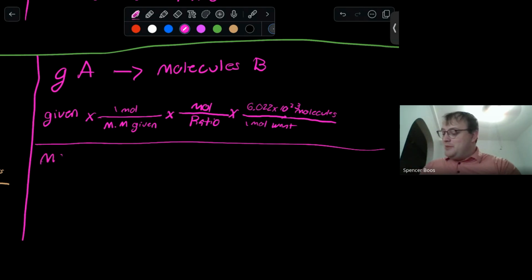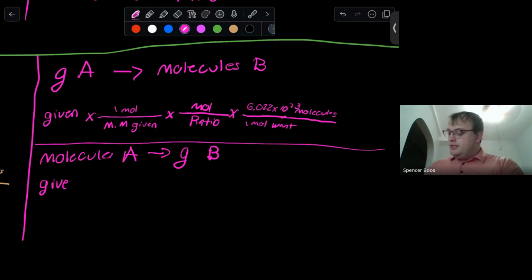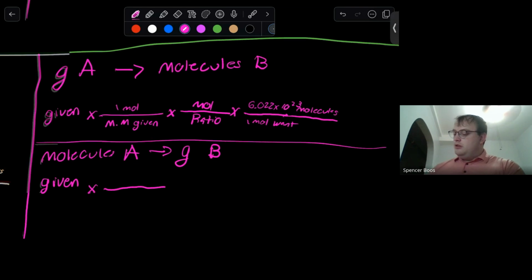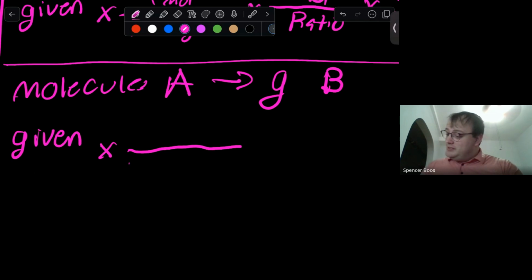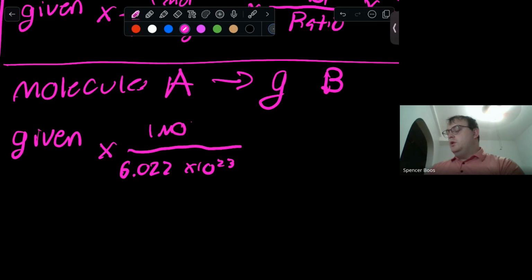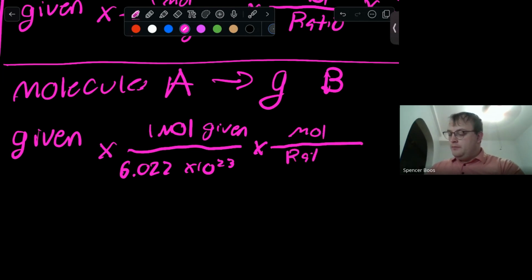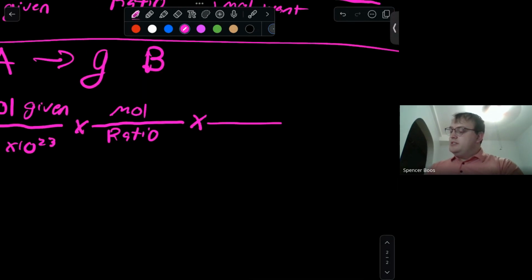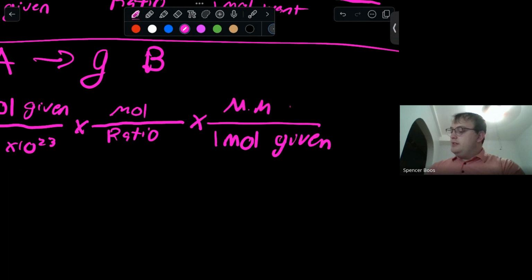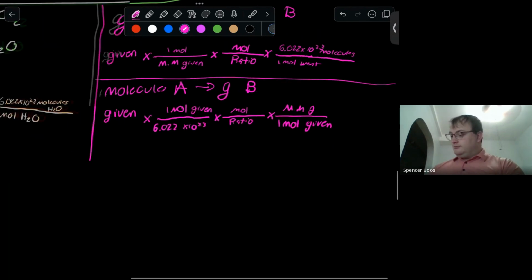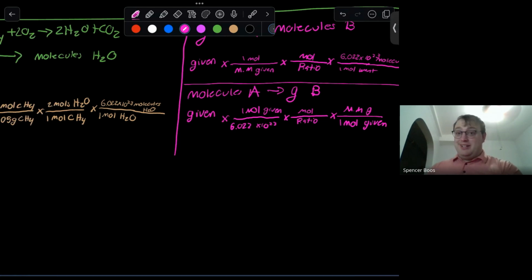But if we go from molecules of A to grams of B, we start with our given times, but instead of it being on the top this time, it's on the bottom. 6.022 times 10 to the 23rd, and that's under 1 mole of given, times your mole ratio, times, we know that in every 1 mole of given, we get the molar mass in grams. And that's it. Job's good and done.